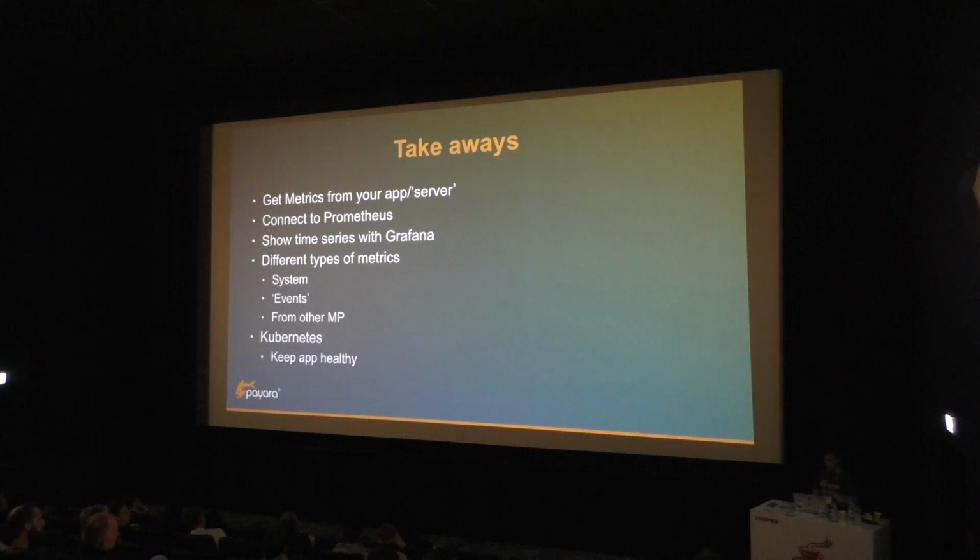You have different types of metrics. You have those system types, things like CPU and memory, but you can also have events. When is a certain endpoint called? Or you can have things from other MicroProfile specifications like fault tolerance, which I showed you. And you can also integrate it with Kubernetes, which was in the last demo.